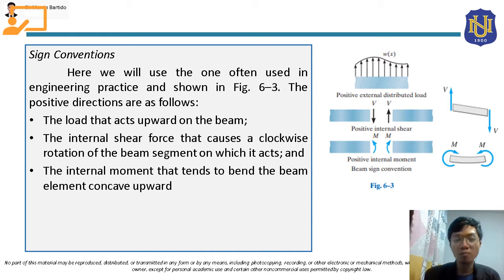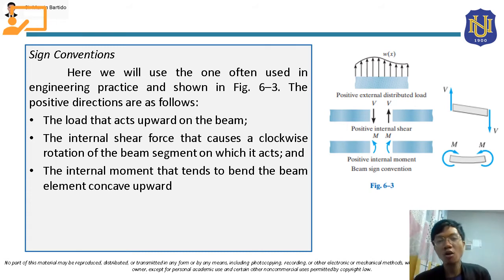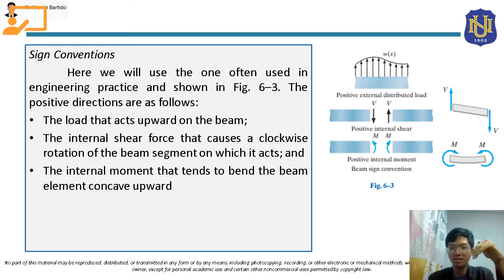Okay, and also, class, for moments. The internal moment that tends to bend the beam element concave upward is positive. Let's say for this beam segment, at this section, this is the internal moment. So this internal moment will rotate the beam this way. If it rotates the beam this way, class, what happens is that this beam will bend this way.